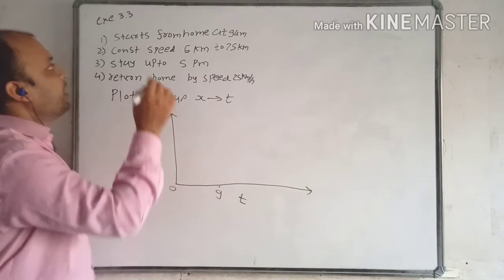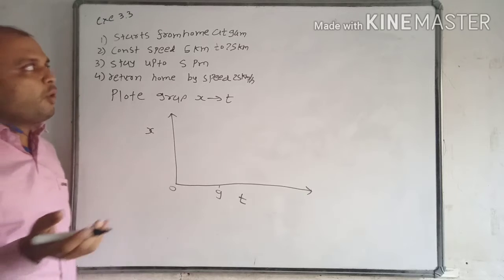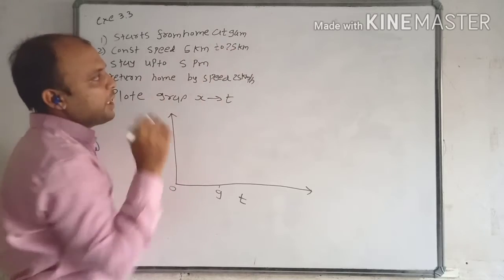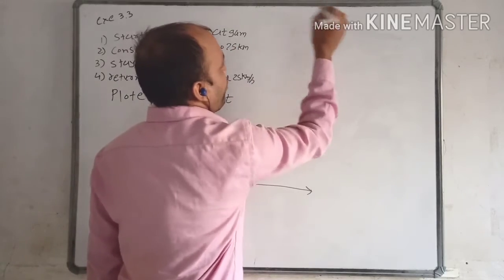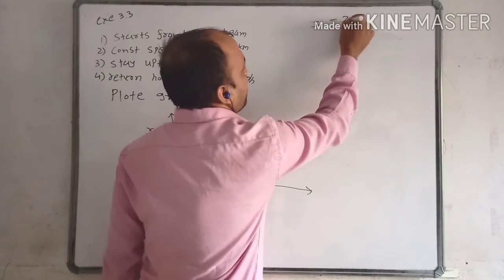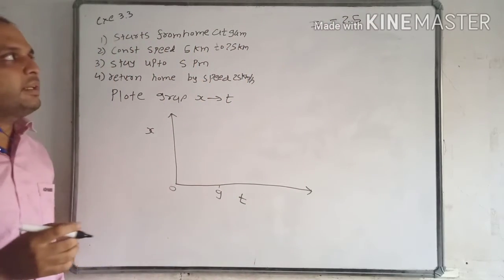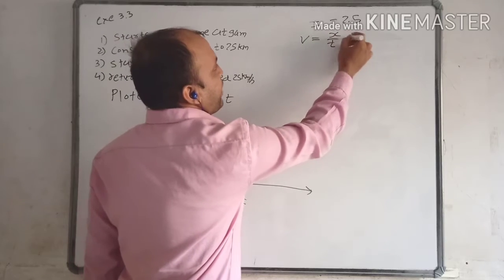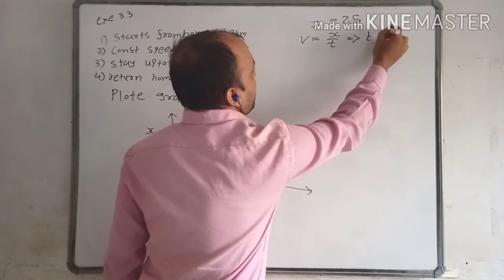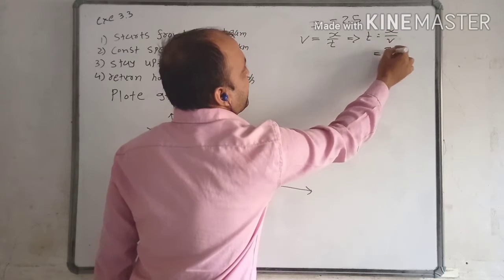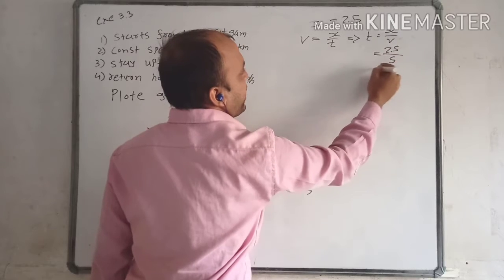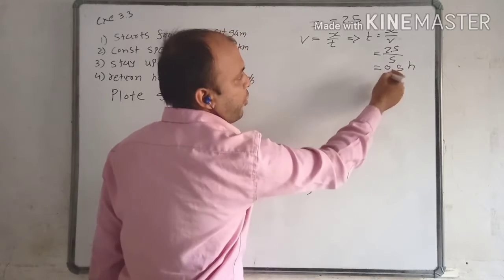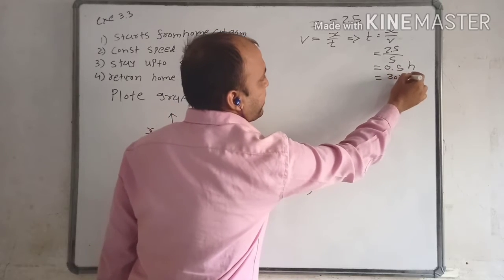After that, the woman walks at a speed of 5 km per hour for 2.5 km. That means for a 2.5 km distance, how much time does she require? According to the formula v equals x by t, we can find the time t equals x upon v. Distance is 2.5 km and speed is 5, so we get 0.5 hour, which is 30 minutes.